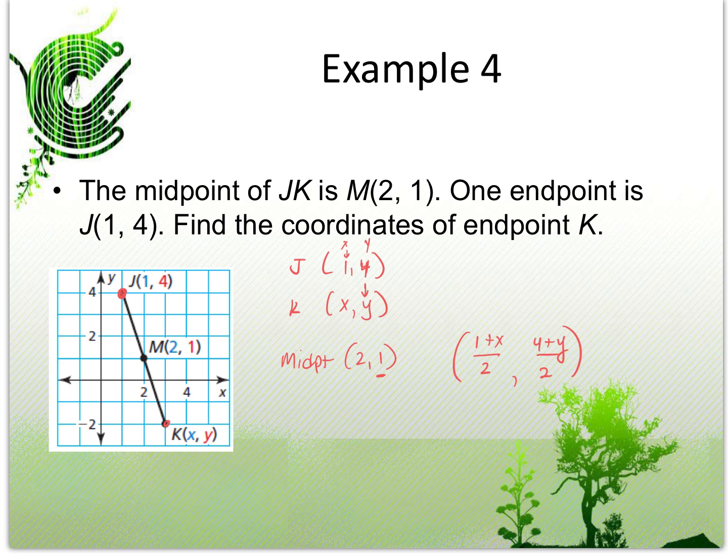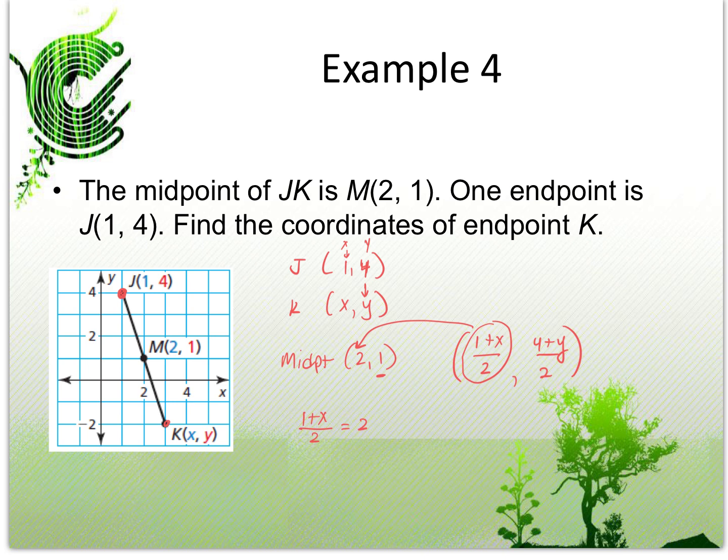So what happens is, if I know that this would have given me 2, I can set that up as an individual equation. I can say, okay, well, 1 plus x divided by 2 equals 2. Let me figure out what x is, right?